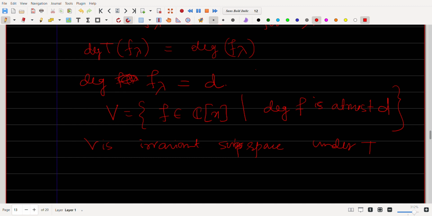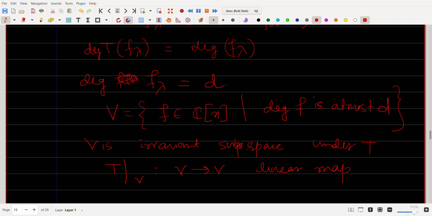Because T sends any polynomial to a polynomial of the same degree. Now I am taking a subspace which contains all polynomials whose degree is at most d. That means if I take any polynomial and see its image, that image is also a polynomial of degree at most d, so it lies in here, right? So if I restrict T to this V, it gives a linear map from V to V.